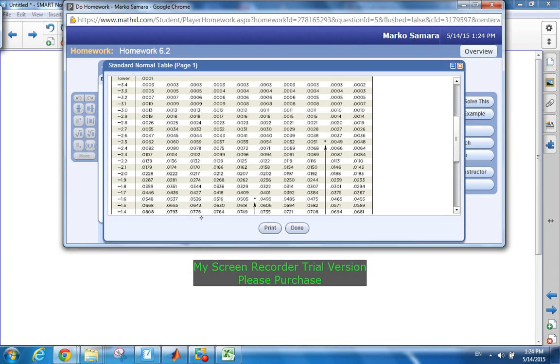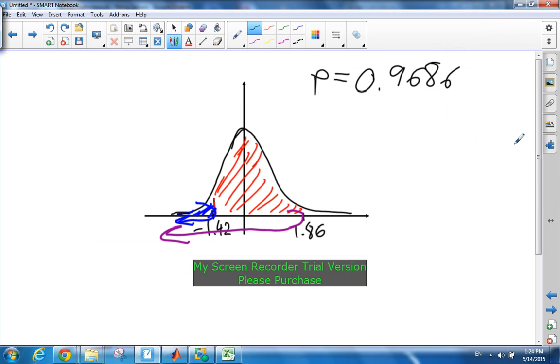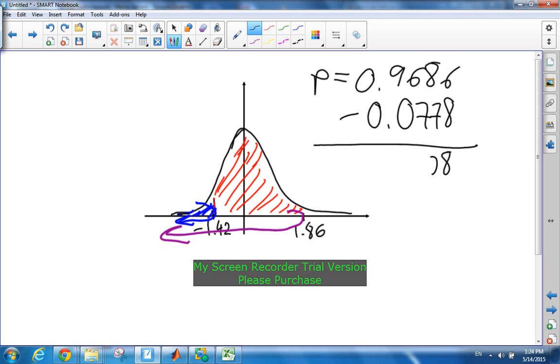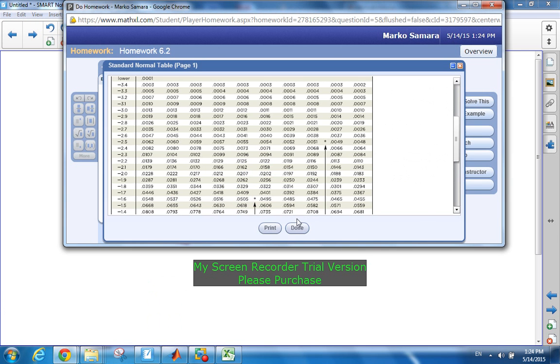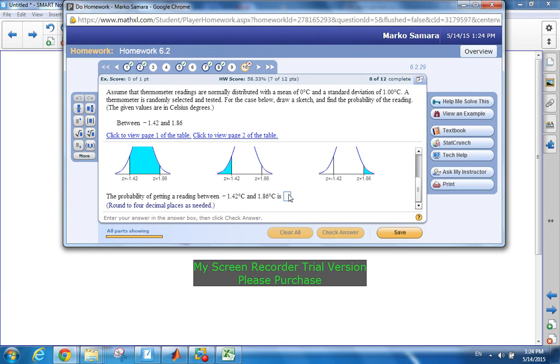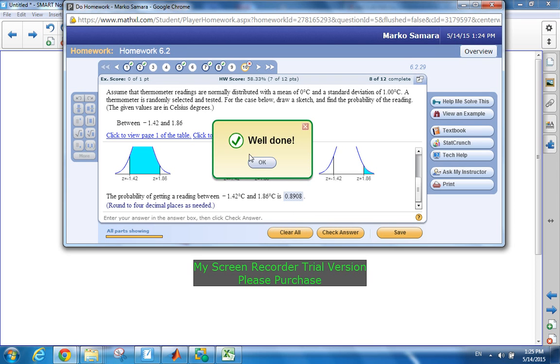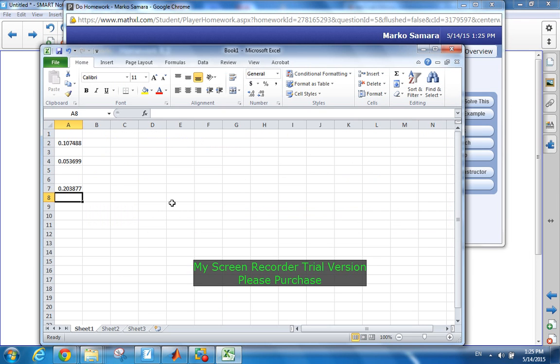So we read 0.0778. 0.9686 minus 0.0778, when we subtract, we get 0.8908. Check answer, yes.